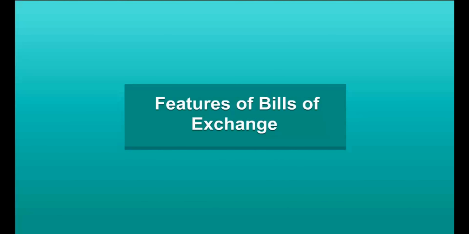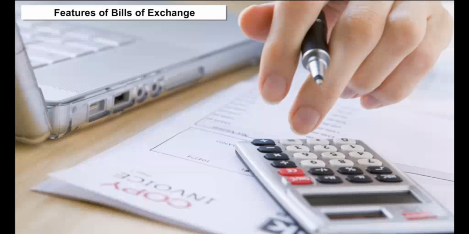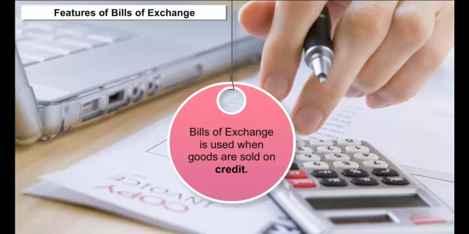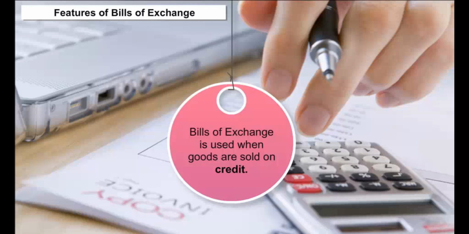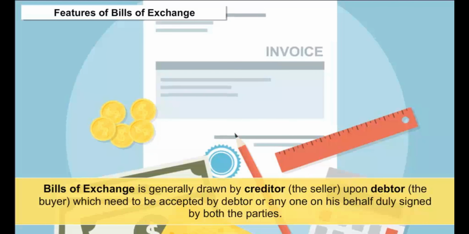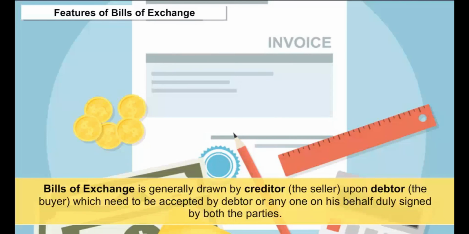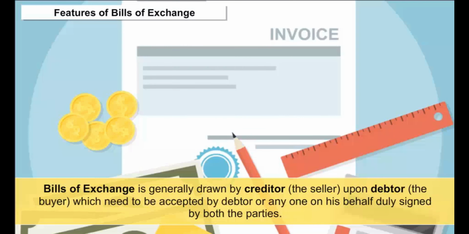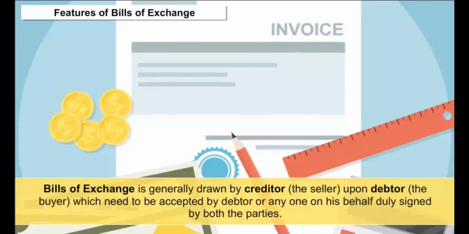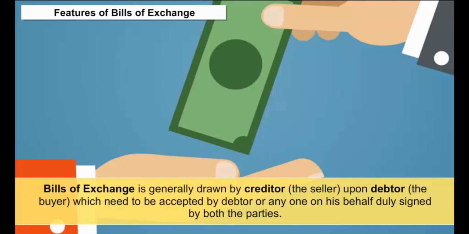Features of bills of exchange. Bills of exchange is used when goods are sold on credit. It is generally drawn by the creditor, the seller, upon the debtor, the buyer, and needs to be accepted by the debtor or anyone on his behalf, duly signed by both the parties.